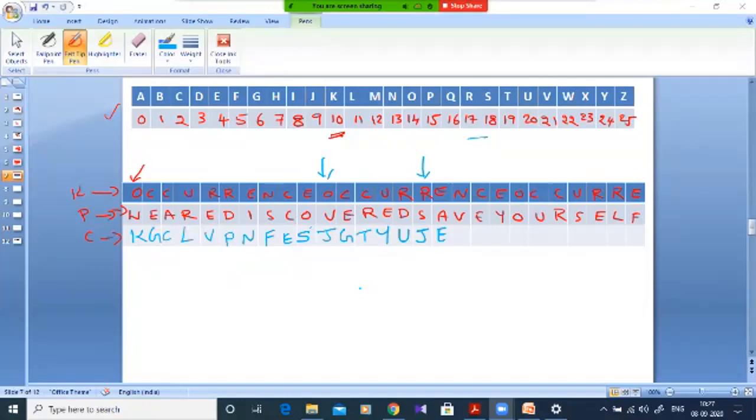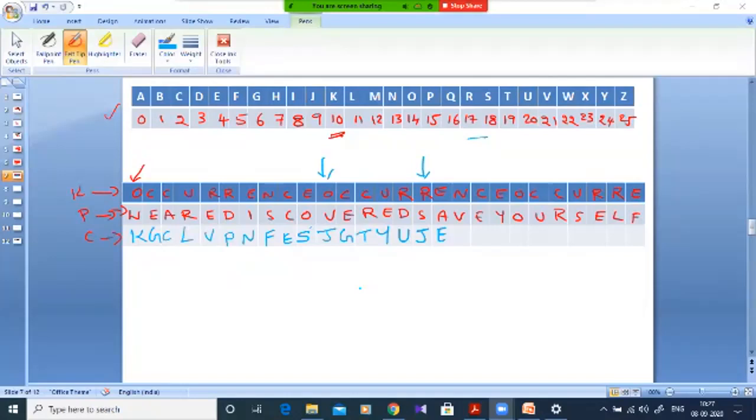One letter from the key and one letter from the plain text, we add and perform the modulo operation. The moment we have written the key multiple times, that is the modulo operation we already performed.